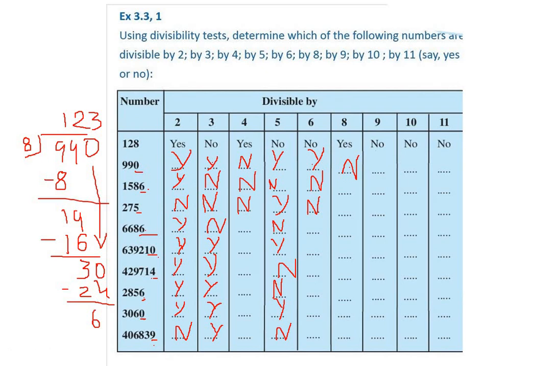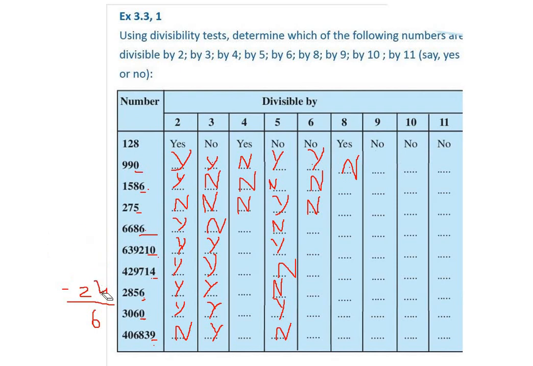Now we go for the next question, that is 1586. For this we need to take only the last 3 digits, that is 586, and check the division by the table of 8. The last 3 digits are 5, 8 and 6, and we need to divide by 8. 58 is our first 2 numbers, so 8 7s are 56.